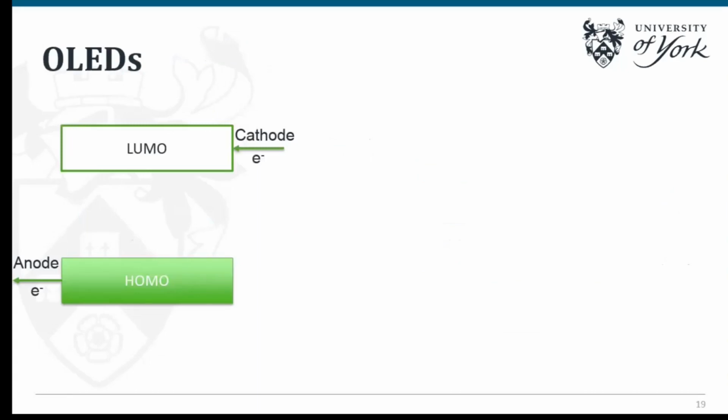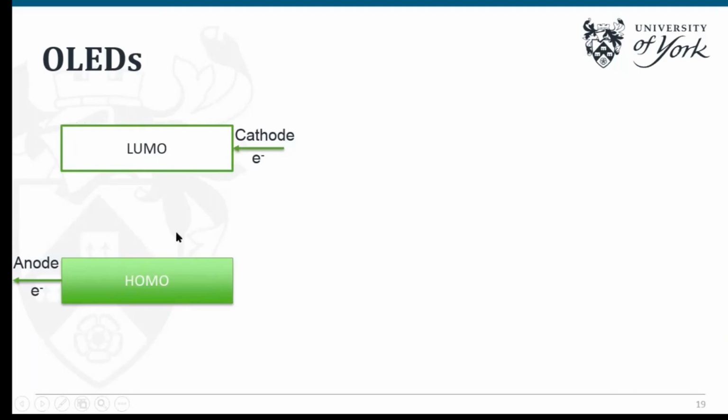So how OLEDs actually work is you've got two bands. The lower one is filled and is affectionately called the HOMO, otherwise the highest occupied molecular orbital. The higher one is unfilled and is known as the LUMO, the lowest unoccupied molecular orbital.